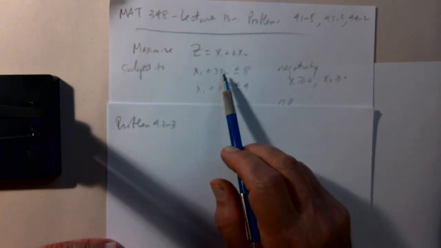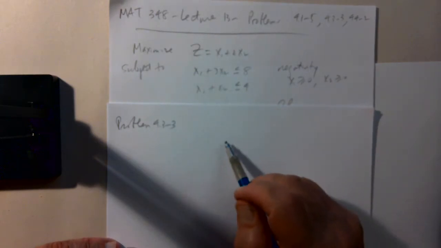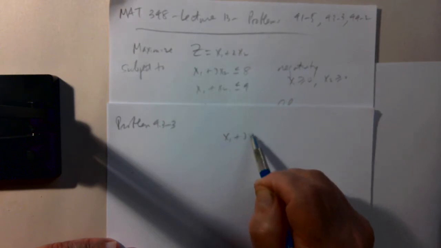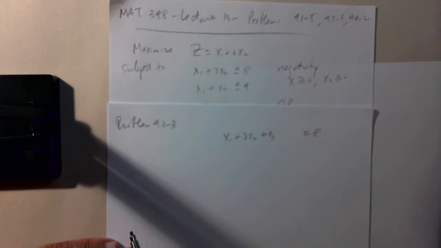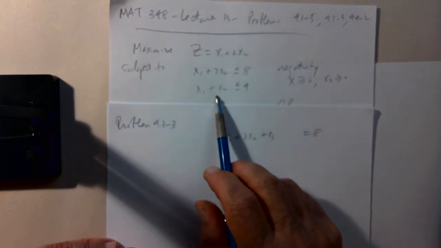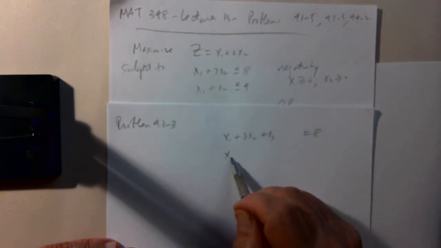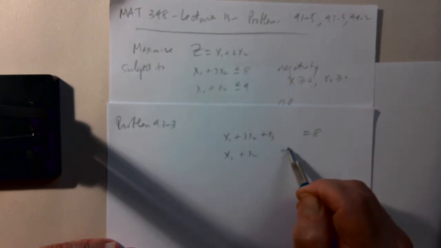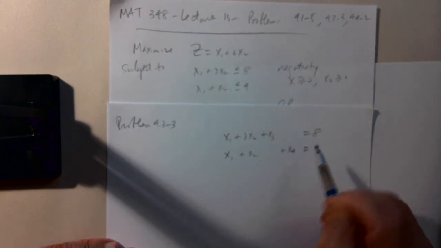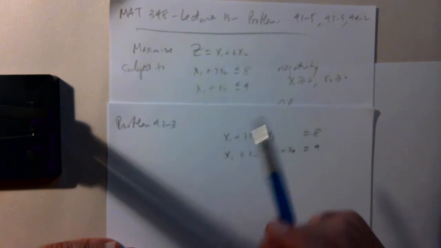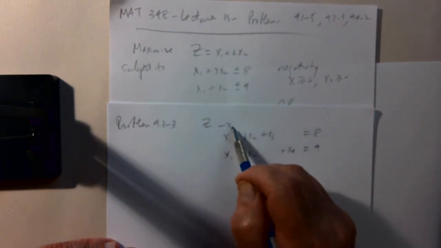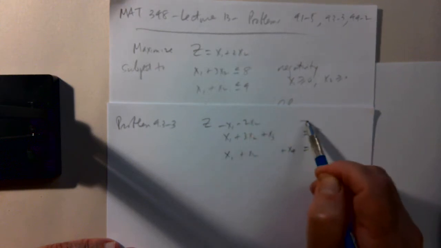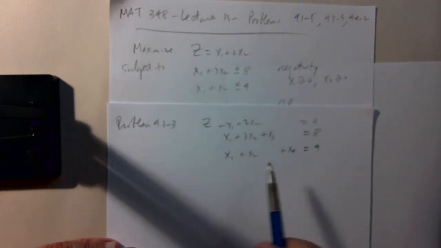When we introduce slack variables into the constraints, we get x1 plus 3x2 plus x3 equals 8. When we add a slack variable to the second constraint, we get x1 plus x2 plus x4 equals 4. And from the objective function, we can write this as z minus x1 minus 2x2 equals 0.